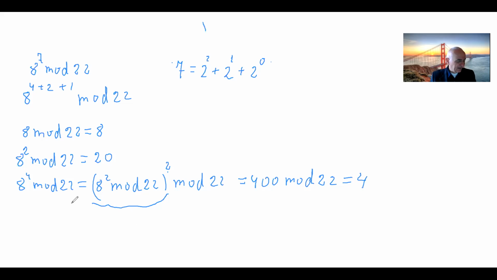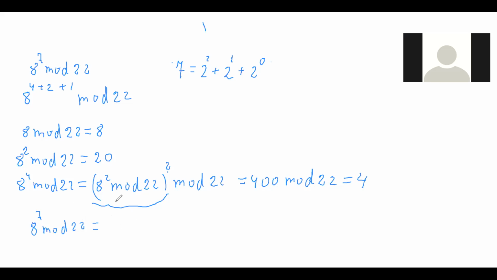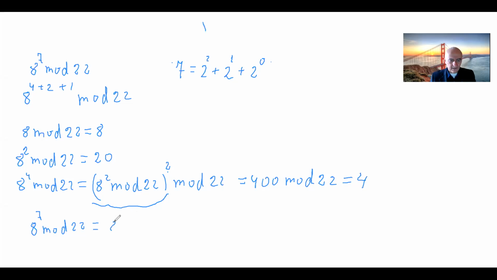Okay. Now, to write down our remainder, 8 to the power 7 mod 22 equals, according to our property of congruence, 8 in the power 4 times 8 to the power 2 times 8 mod 22.